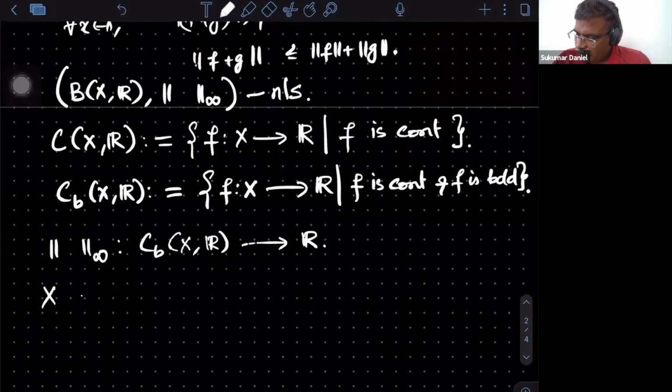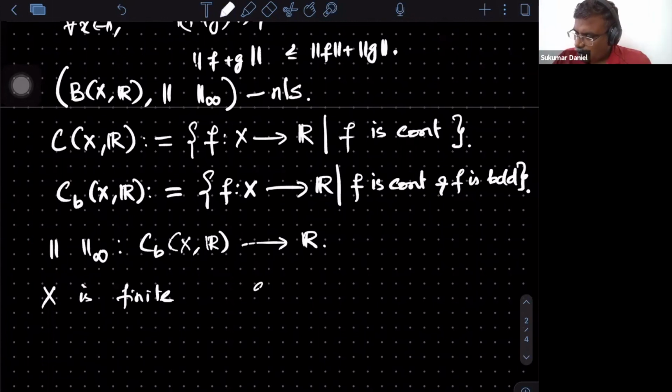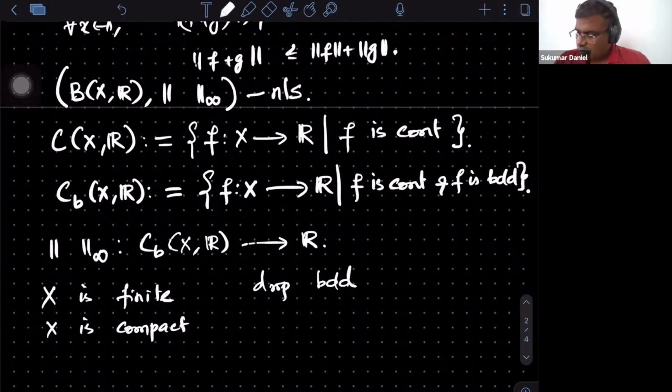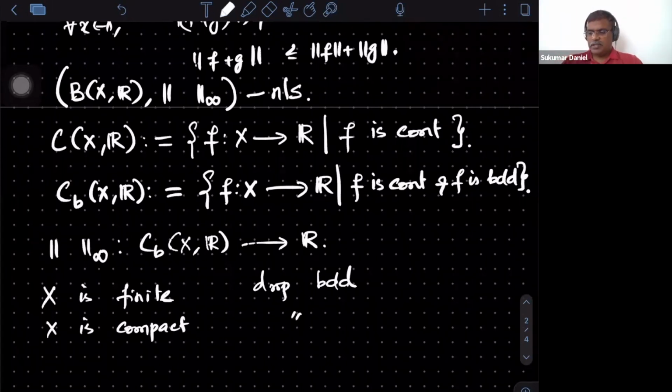So if x is finite, we can drop boundedness because it automatically becomes bounded. And if x is compact, then also, of course, we can drop it. Just keeping the finiteness is actually enough.